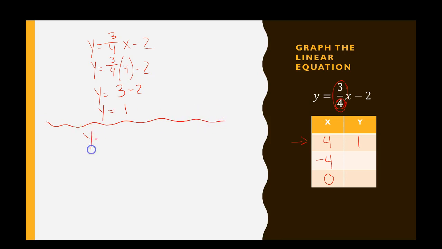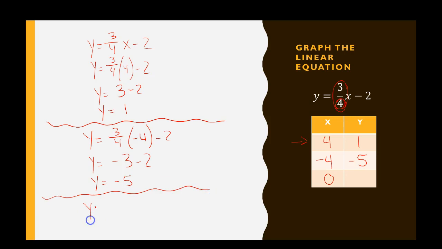The same thing happens when I plug in the -4, except now 3/4 times -4 gives you a -3. But it's still a nice integer to plot for your ordered pairs.